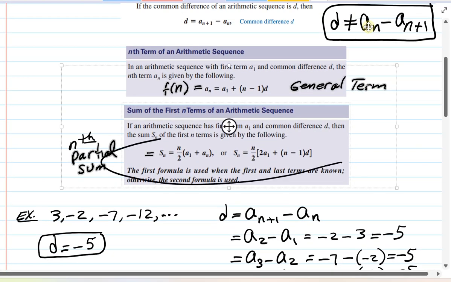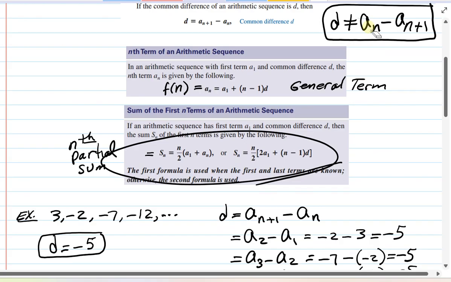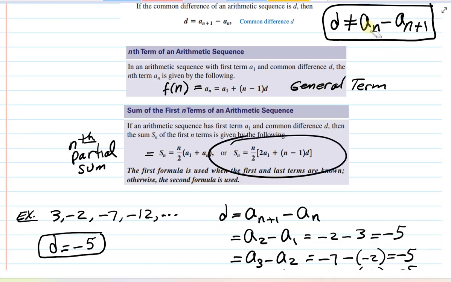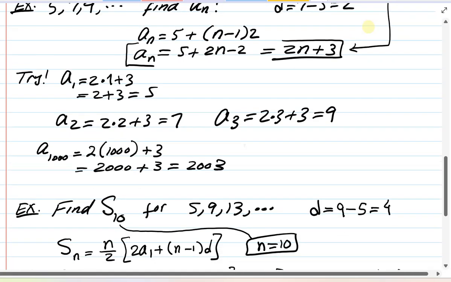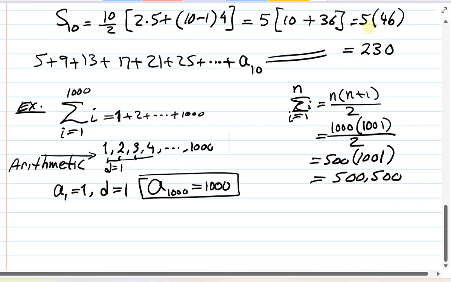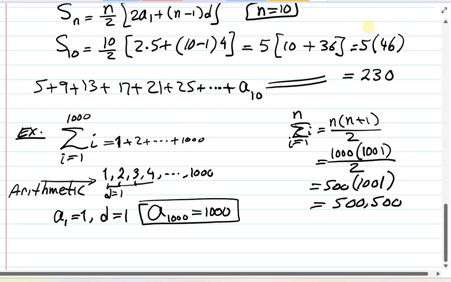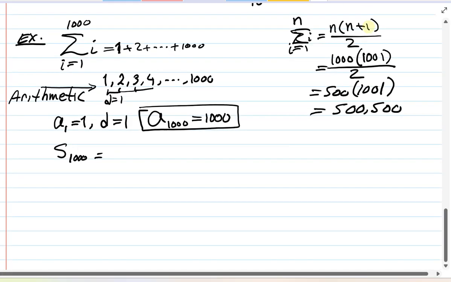I'm going to use both of these formulas to show you how they work. We've already seen this one. I'm going to show you how this other one works in just a few moments. So I identified the first term and the common difference, right? I'm looking to find the sum of the first 1,000 terms of the series.